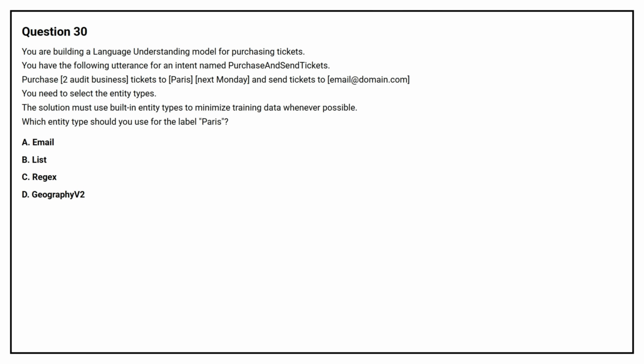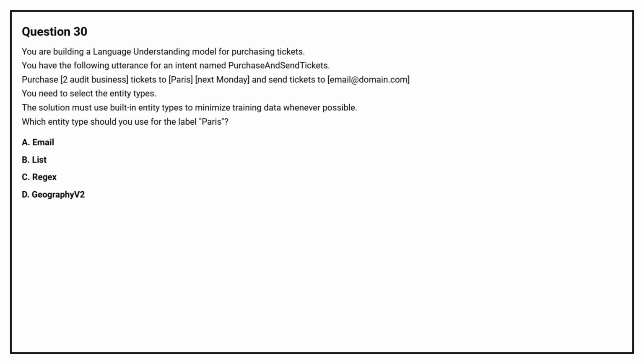Question number 30. You are building a language understanding model for purchasing tickets. You have the following utterance for an intent named PurchaseAndSendTickets: Purchase 2 adult business tickets to Paris next Monday and send tickets to email@domain.com. You need to select the entity types.